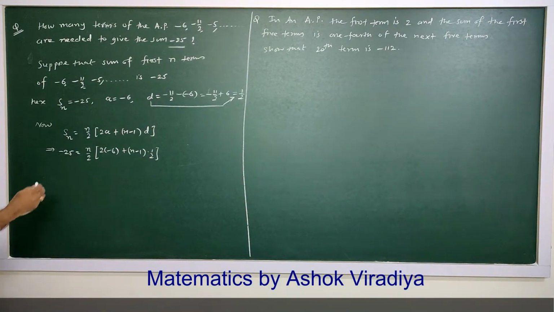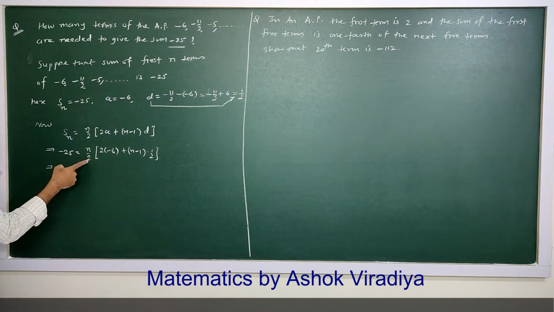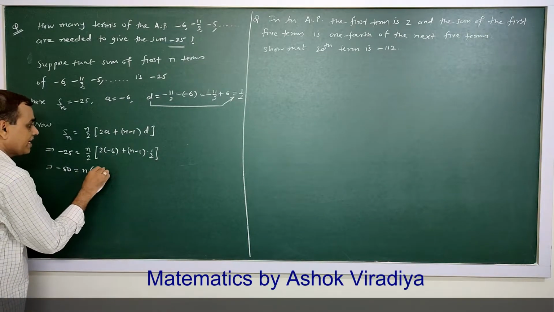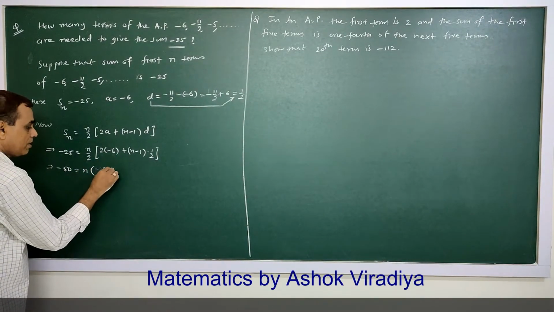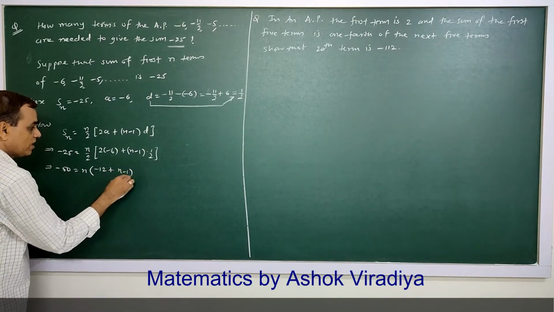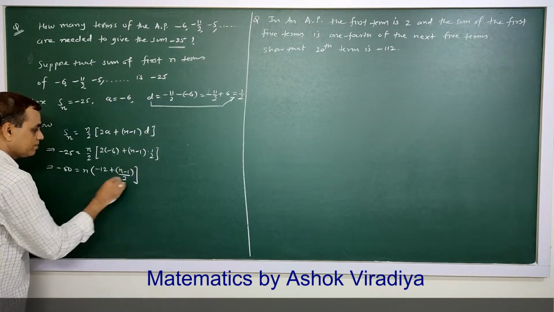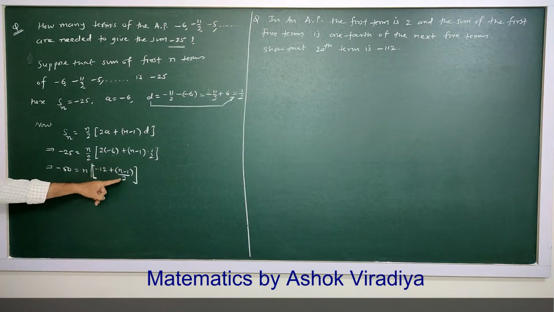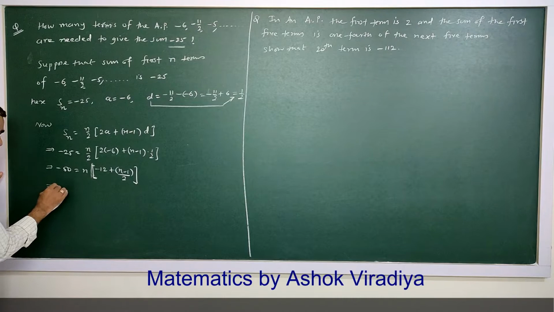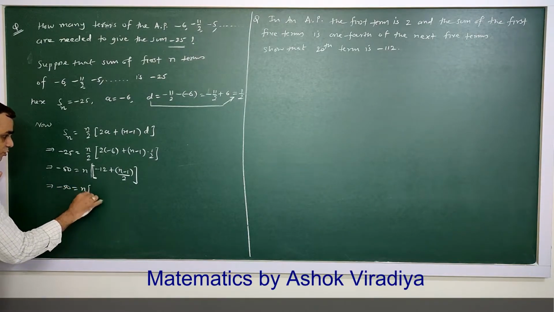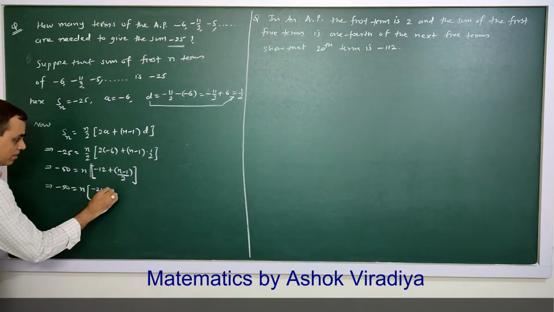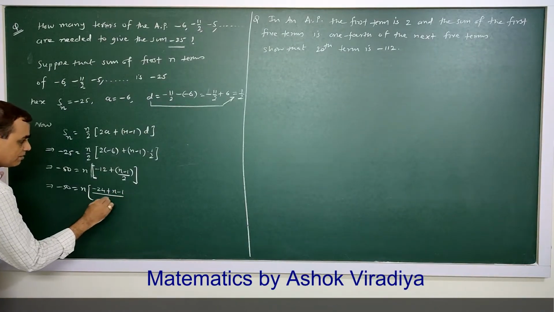Now simplifying, taking the 2 on this side, it will be -50 equal to n into -12 plus n minus 1 by 2. Now again taking the LCM, so -50 is n into -24 plus n minus 1 by 2.